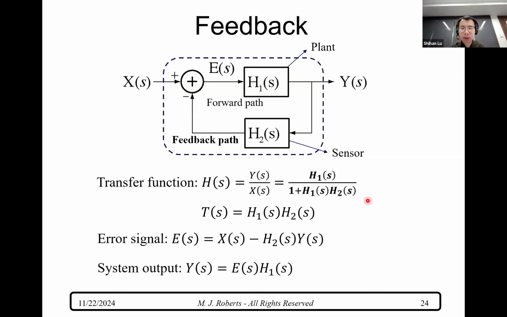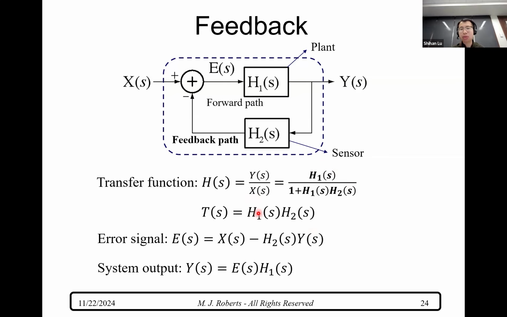So the transfer function for the current feedback system becomes this form. The H of s is still the ratio of the system output Y of s to the system input X of s.